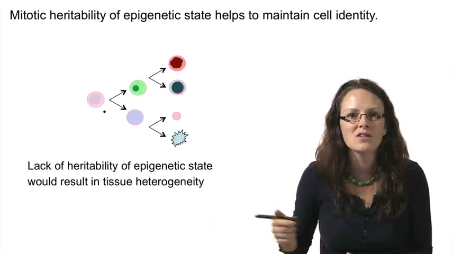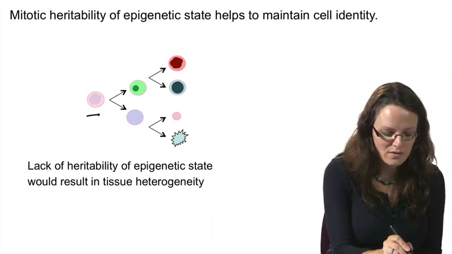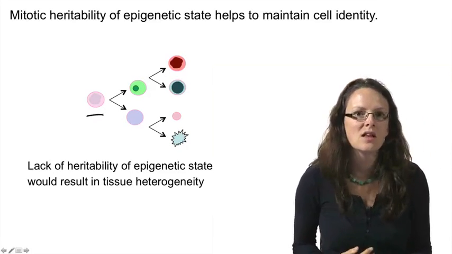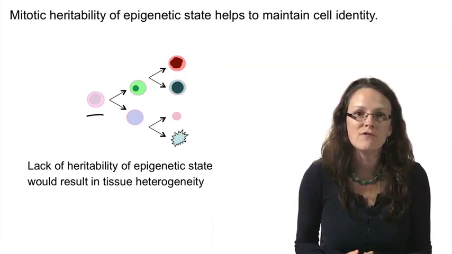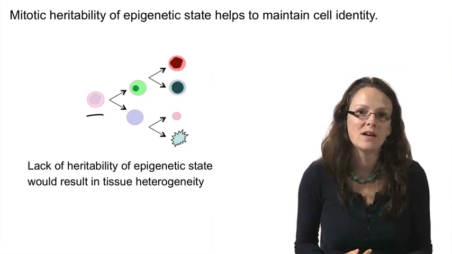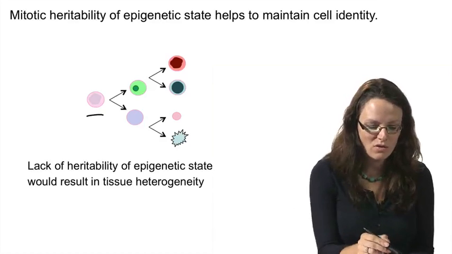If you take away the mitotic heritability, this aspect of epigenetic control, then when we have this same liver cell, what happens now is that the resulting progeny cells will have a different set of epigenetic marks and therefore a different phenotypic outcome or different function. And this will result in different cell types.